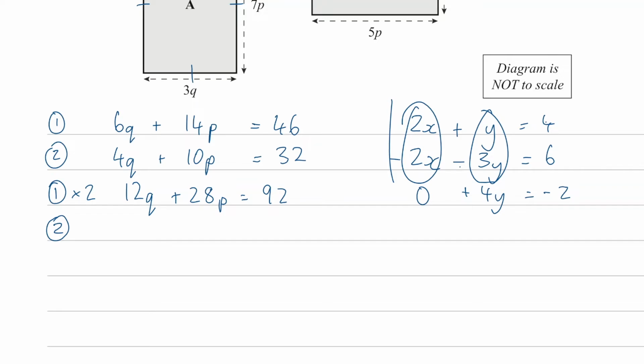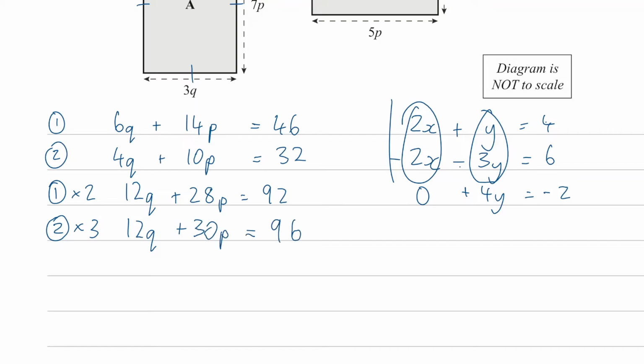Have a think. So if we multiply 4Q by 3, it will become 12Q, which would match with this first equation. So we'll times it by 3, which gives us 12Q plus 30P equals 96.